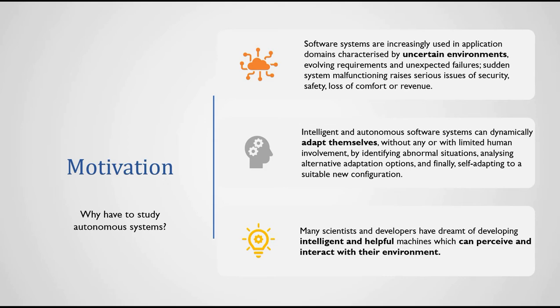But as you see now, many systems work with uncertain information. I mean, they work on information, and this information is uncertain. So it's not just input and output, and these systems also interact with their environments.